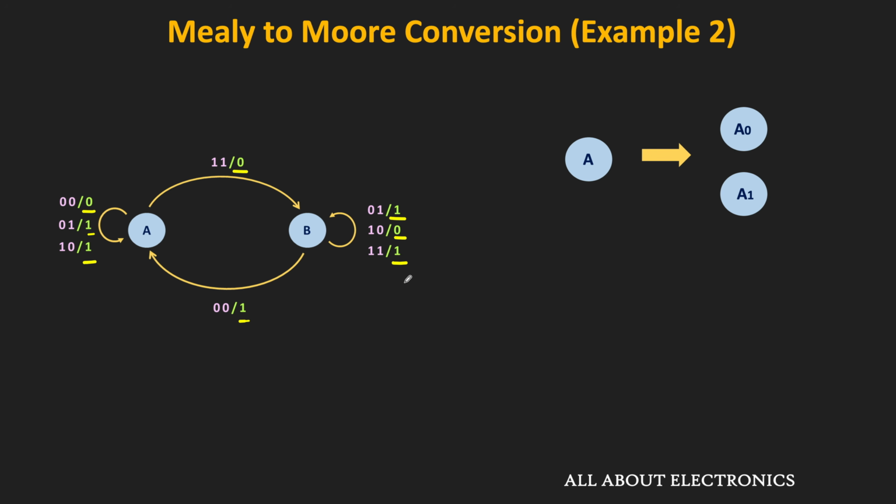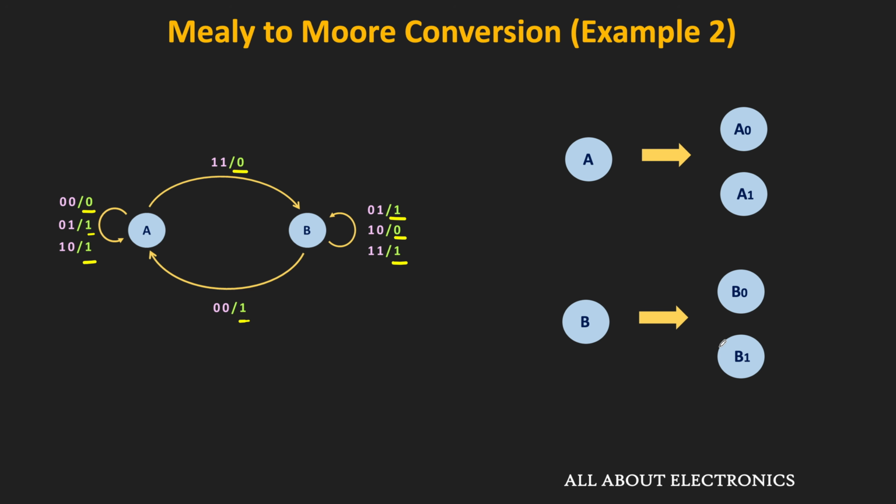Once again, since we have 2 different outputs, we need to split this B state into 2 different states. Let's say B0 and B1. In this B0 state, the output of the machine is equal to 0, while in the B1 state, the output of the machine is equal to 1.